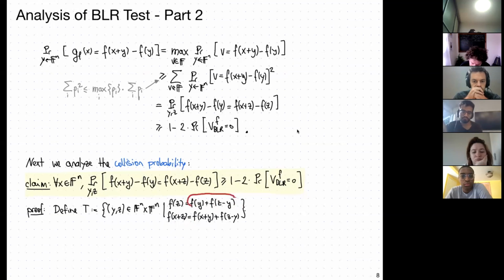Suppose I take this one and plug it here, and I take this thing and plug it here, then terms cancel out and I get equality. So what does it mean? In other words, this set T is a set of points such that if I take a pair xy in T, then I have a collision.